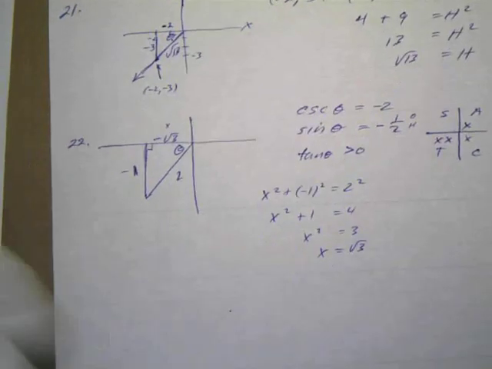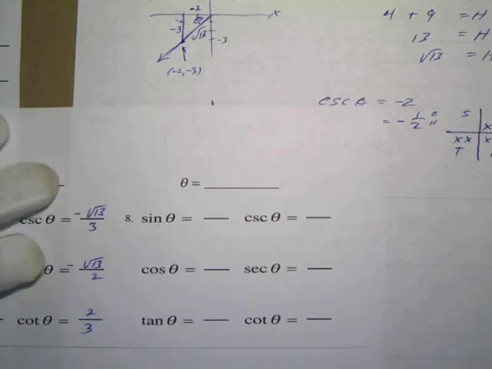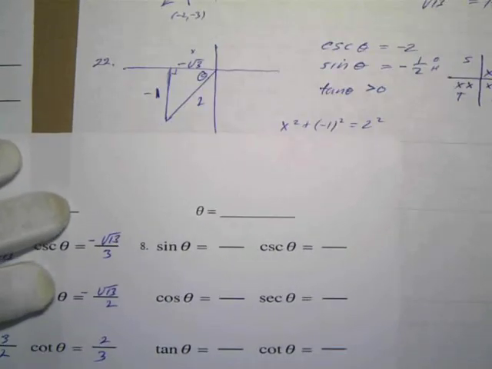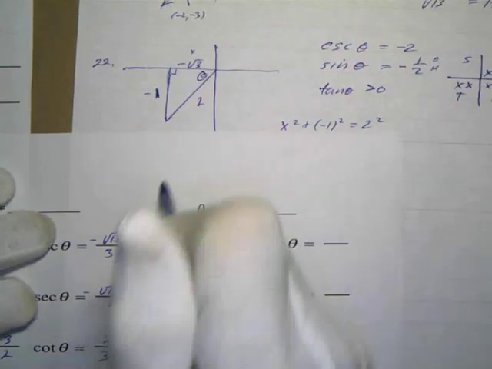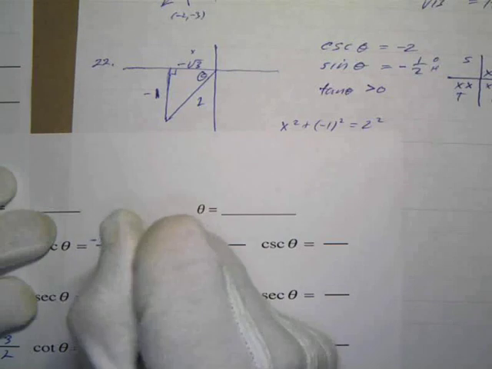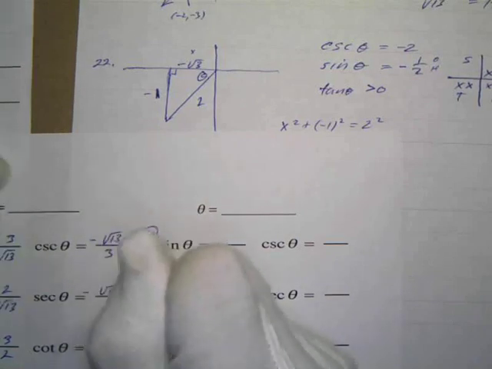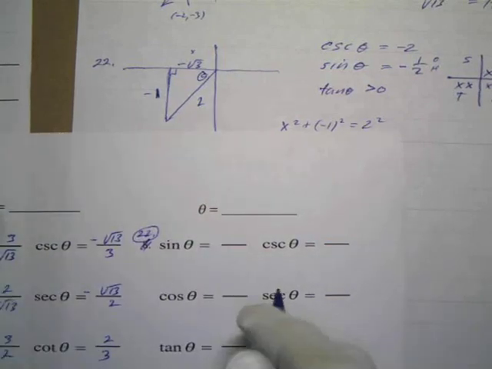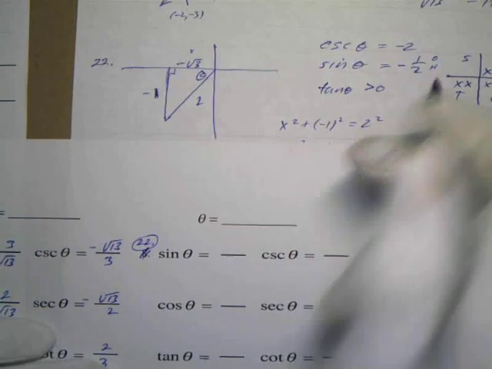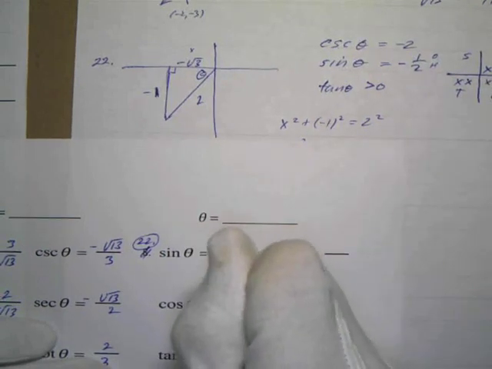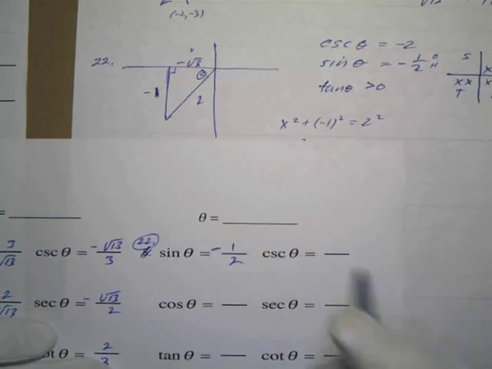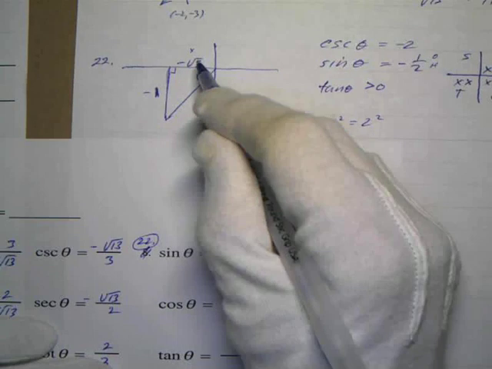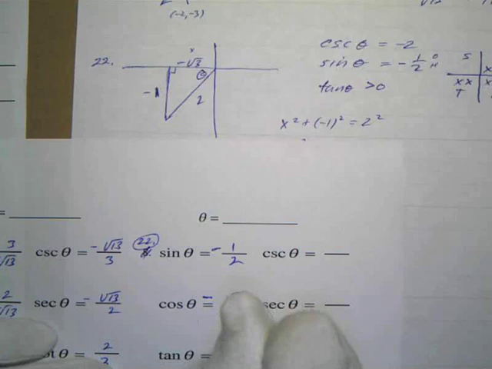So we'll get out this little template again and put this up here. And this would be for number 22. And the sine is going to be, well, they actually gave us, we know the sine is -1/2. So the cosine is going to be the adjacent over the hypotenuse, so that's going to be negative square root of 3 over 2.